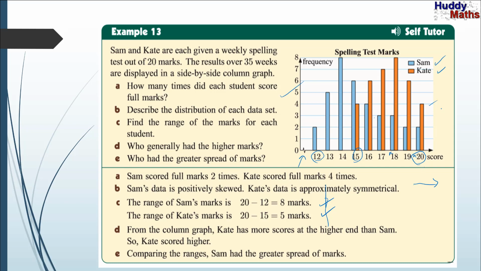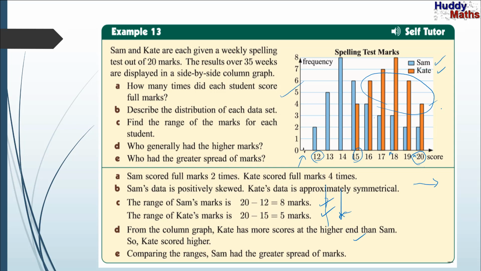So what can you say overall? It looks like Kate is more consistent because she only ranges over 5 marks. Okay, from the column graph, Kate has more scores at the higher end. So the fact that you've got more red up here, red up there than blue, suggests that Kate scored high.